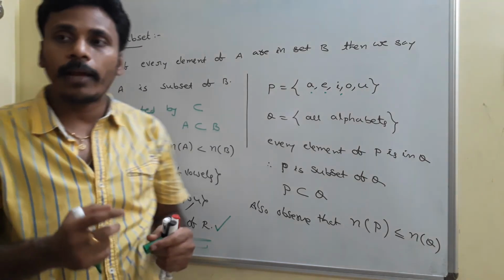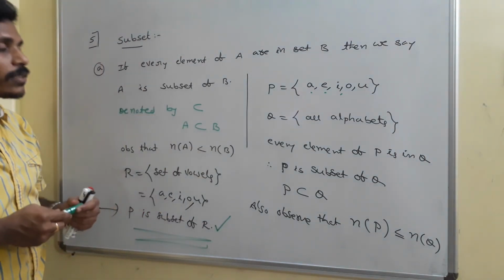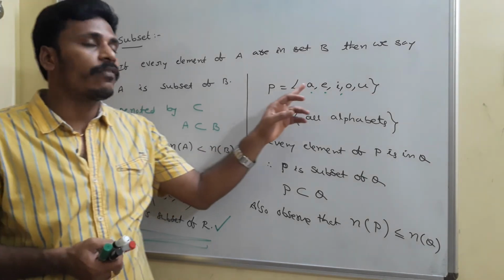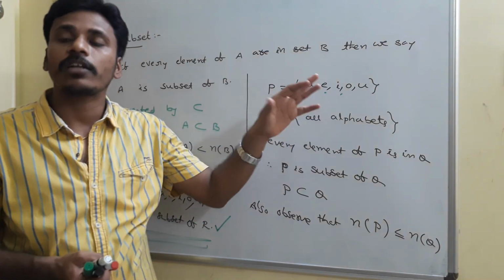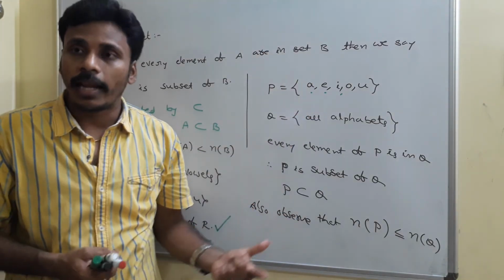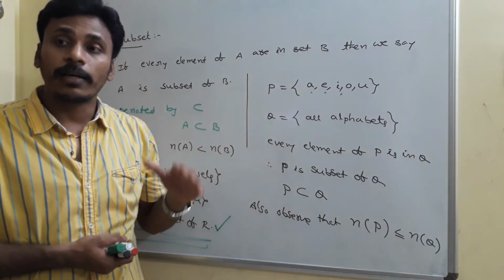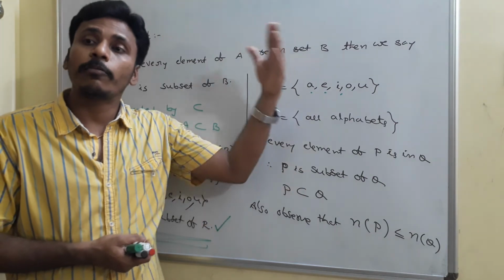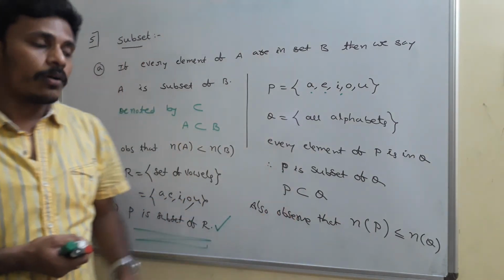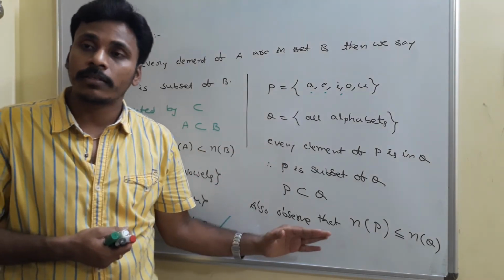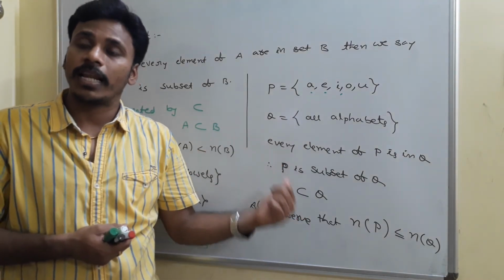To decide whether a set is a subset of the other or not, we need to check that every element of the first set is in the second set. If you check like that, sometimes the two sets may be equal, and sometimes the second set may contain more elements.